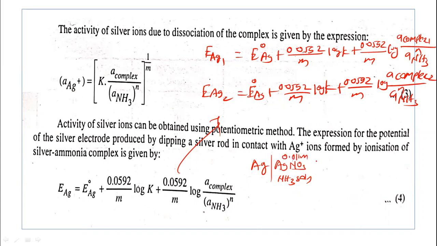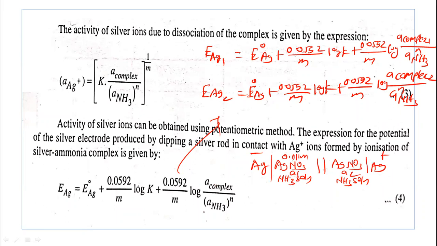There is a salt bridge, and on the right side is the same electrode, silver nitrate, but the concentration of the silver nitrate will be different here. Suppose it is a1, then it is a2, and ammonia solution should be added here, the same quantity as in the first set. This side has positive polarity and this side has negative polarity.